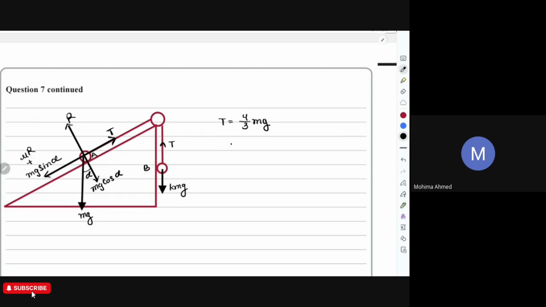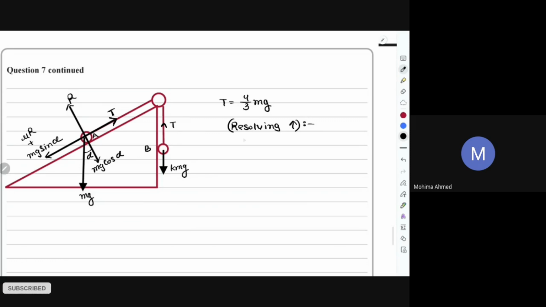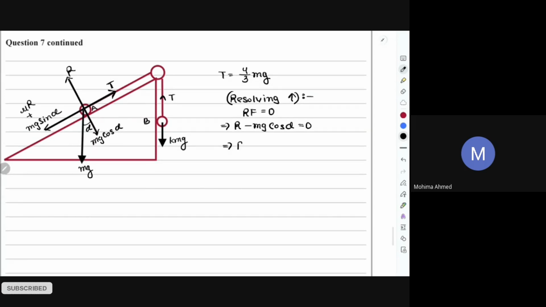If I focus on resolving vertically, all the forces are balanced, so the resultant force is 0. So we have R minus mg cos alpha equals 0. Cos alpha was, by the way, 24 by 25, which we calculated previously. So R eventually turns out to be 24 by 25 mg. Right, this is the value for R.